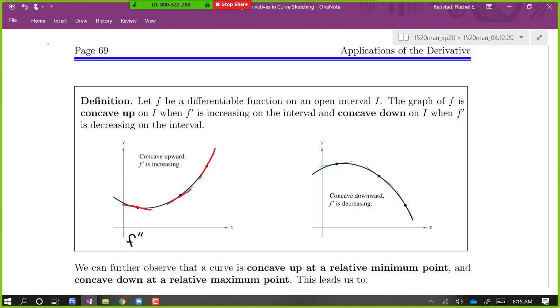So the second derivative is the derivative of f prime, right? And if f prime is increasing, what has to be true about its derivative? Decrease? Nope. If a function is increasing, what do we know about its derivative?